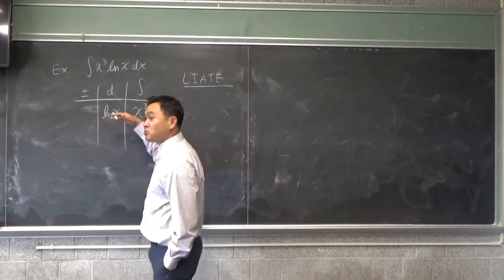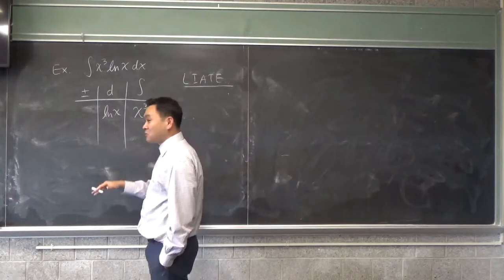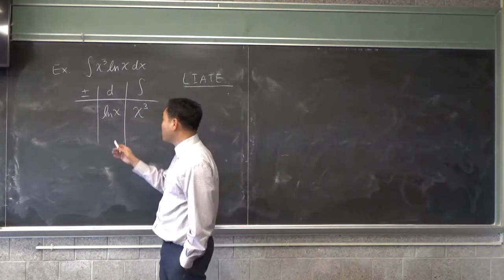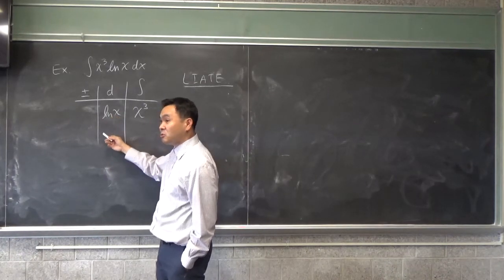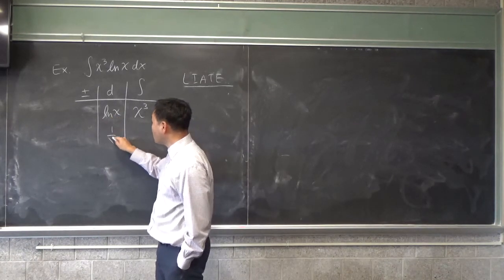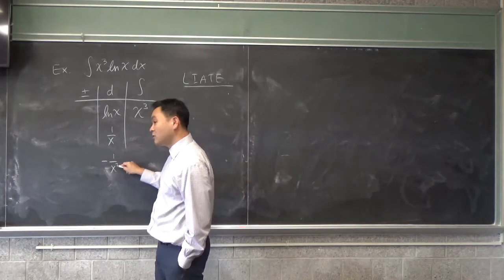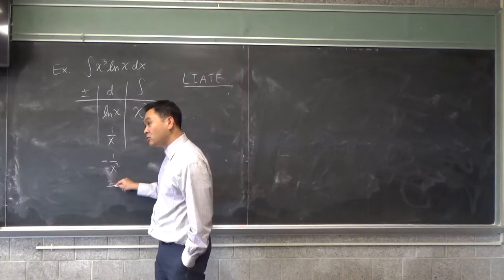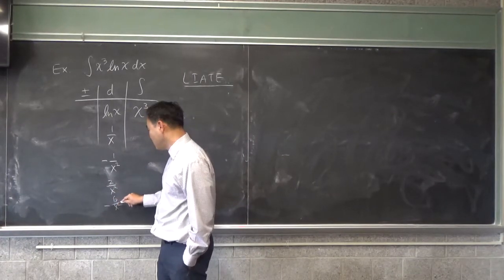So as I said, you stop in the second row. Now, why do I say this never stops? Let's actually see what happens if you continue to differentiate. ln of x differentiates to 1 over x. 1 over x differentiates to negative 1 over x squared. This differentiates to 2 over x cubed. That differentiates to negative 6 over x to the fourth.